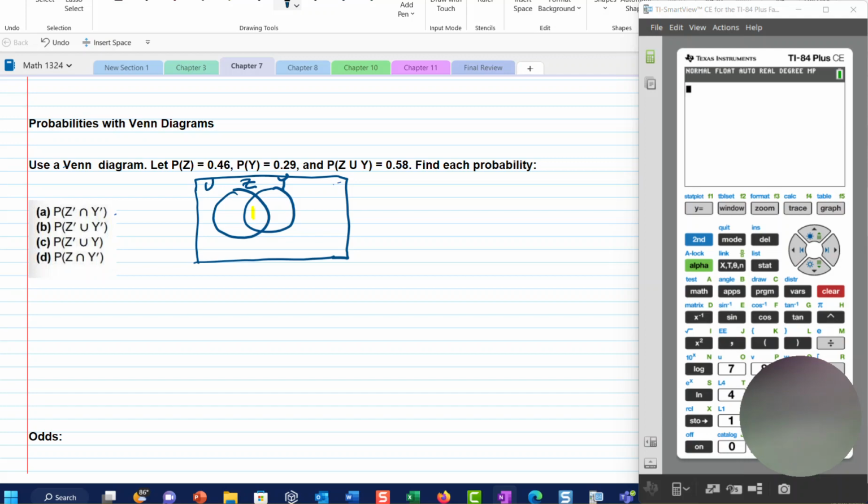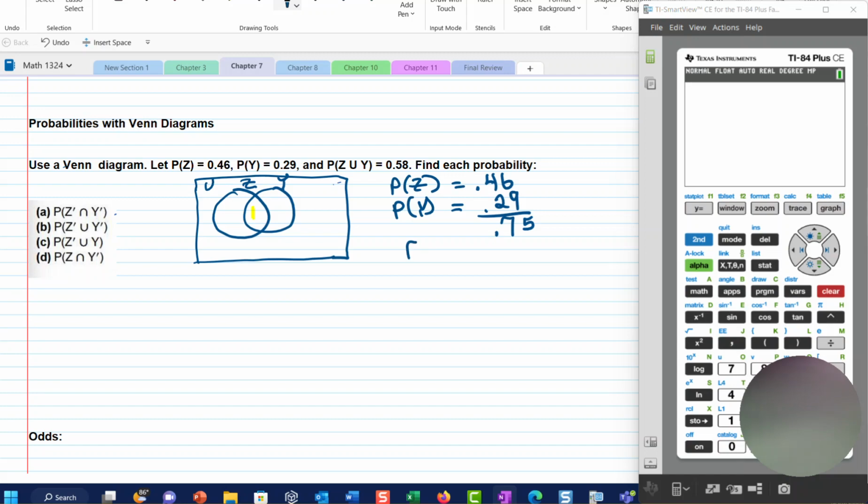So let's add each of the sets. The probability of Z equals 0.46, and the probability of Y equals 0.29. So I'm going to add them. It's like 75 if I did the math right. But we're only going to have 58 at the union.